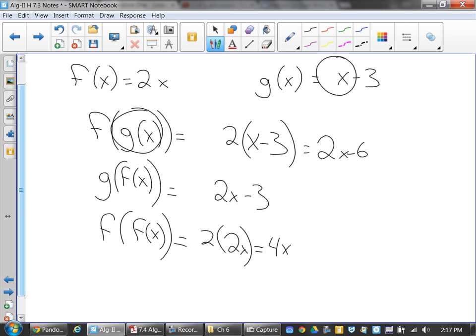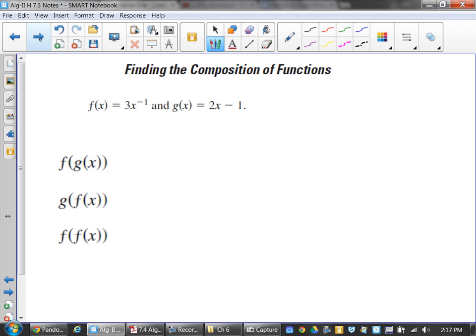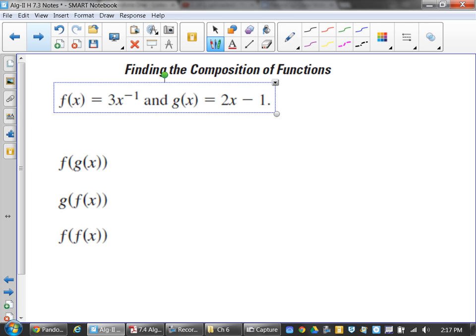All right. Composite functions will allow us to find inverses and verify that things are inverses, and we talked about that in 7.4. So let me show you this with not just linear style, but with some of the negative exponents. It works the same exact way.